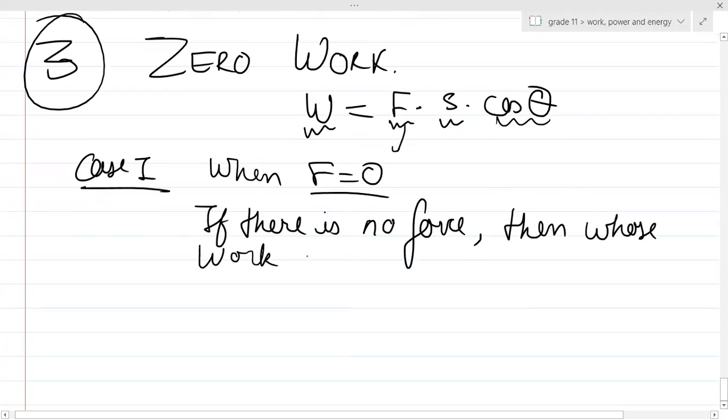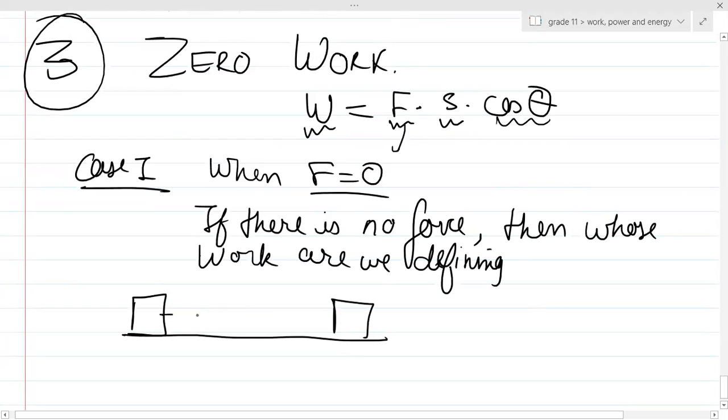Are you getting my point? Sir, if you don't apply the force, then what is moving? It moves with a constant velocity. Can there be movement without force? It's not necessary to apply force to make something move. Suppose this is going at 10 meters per second.